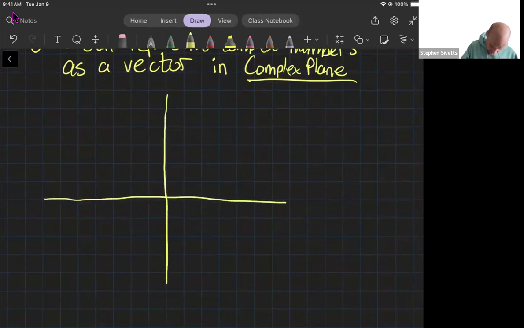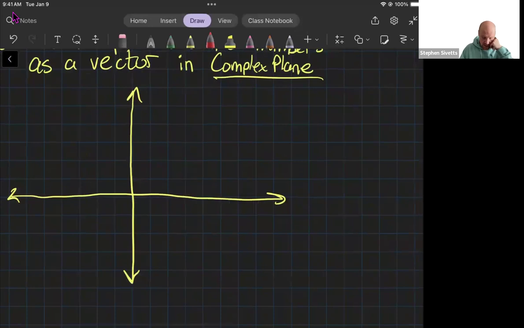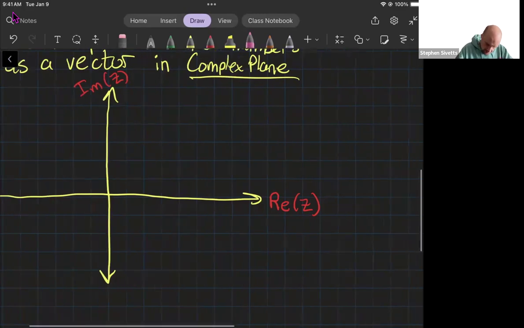So you'll have two axes, but this time, instead of writing out the x and y axis, we're going to be denoting axes as the following. The x-axis will be called the real axis, the real part of Z, okay? The y-axis will be called the imaginary axis of Z, okay?